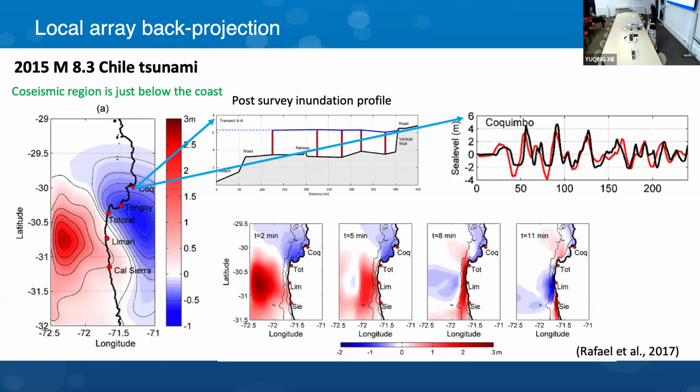But there is not so much time in Chile compared to Japan, because you can see in these tsunami wave propagation snapshots that within about 8 minutes, the peak almost reaches the coast. It means we need to do everything, including data collection, data processing and escape, within these 8 minutes if we want to help people escape from the tsunami hazard.